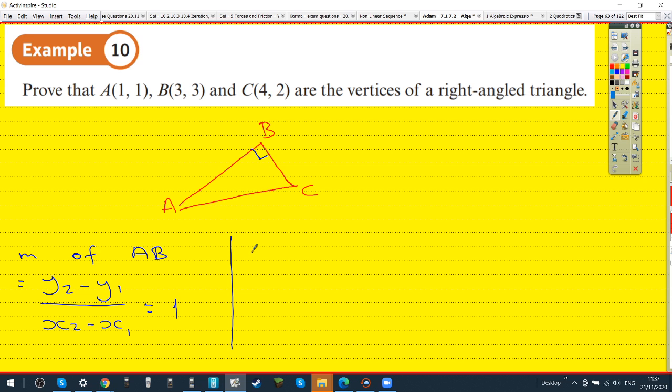What would you do next? We're trying to show it's a right-angled triangle. So you'd work out BC's gradient.